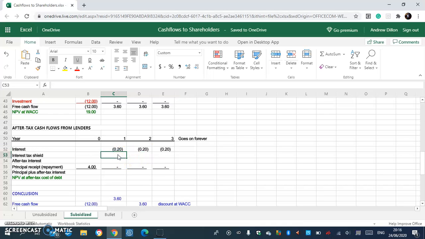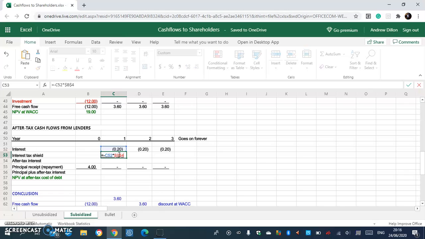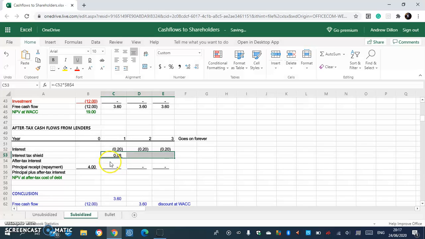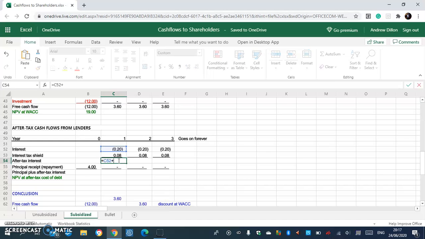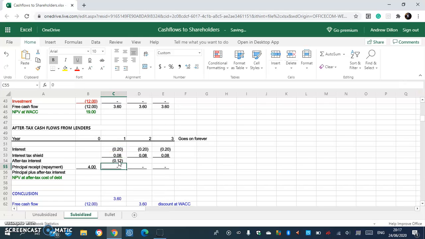Okay, interest tax shield. After tax interest is next. That's very good. Okay, now calculate the principal plus after tax interest.